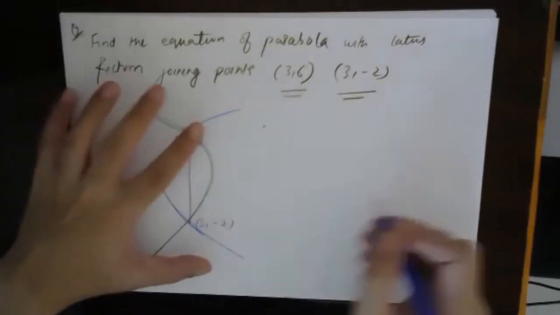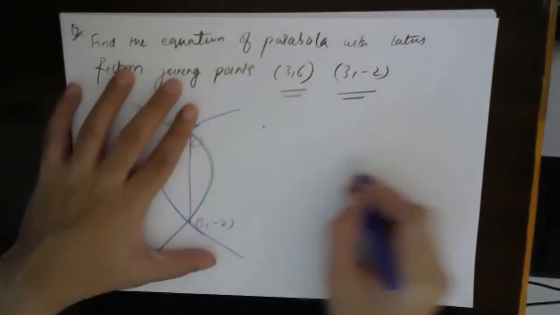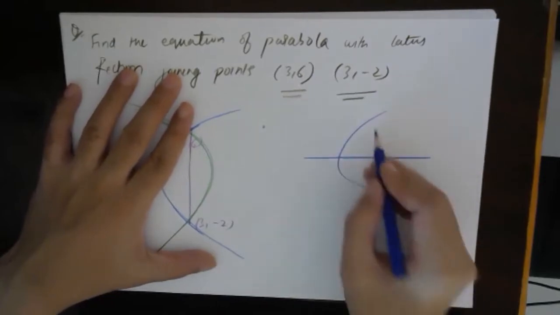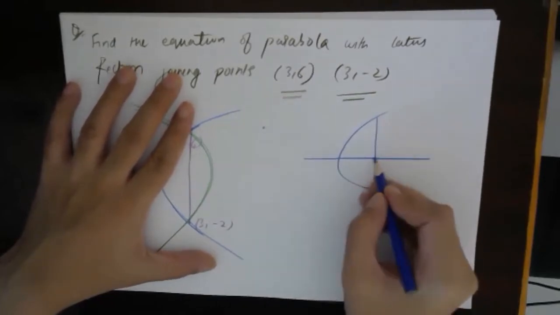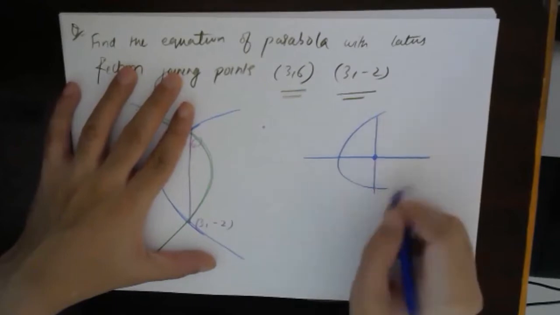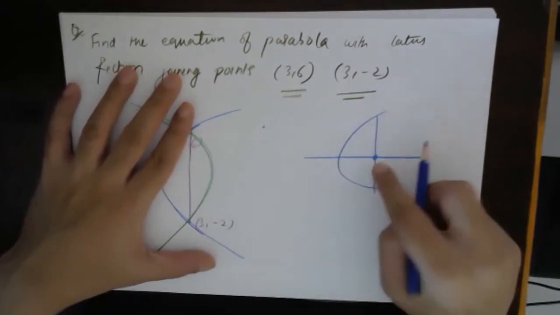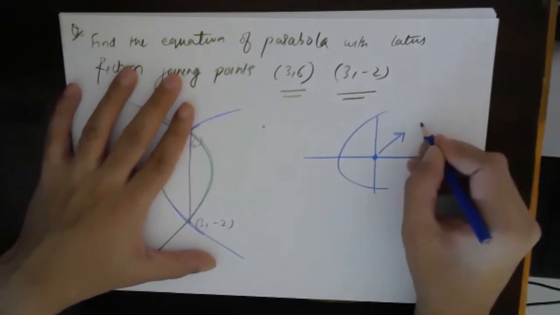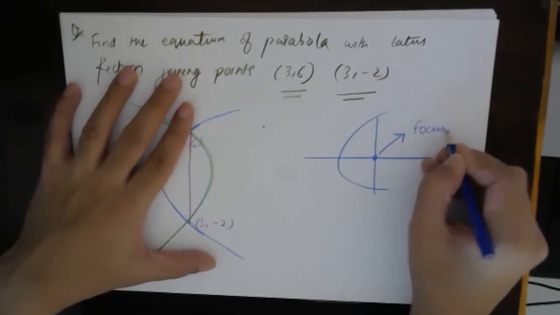Fine. First, let's see the basic property of a latus rectum. Suppose I take this kind of parabola. If this is the latus rectum, then this point will be the midpoint of this whole length. And what is this midpoint called? This midpoint is the focus.